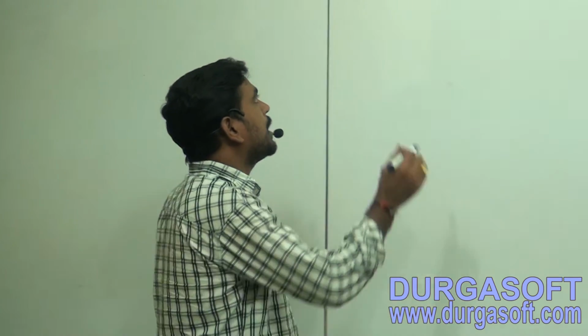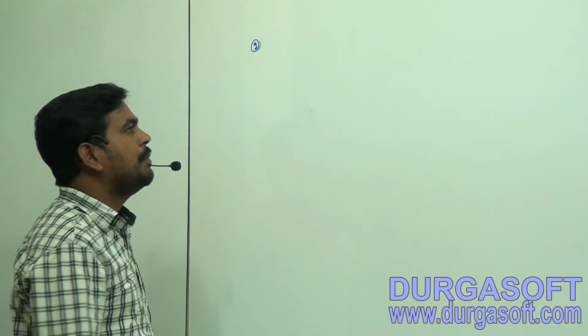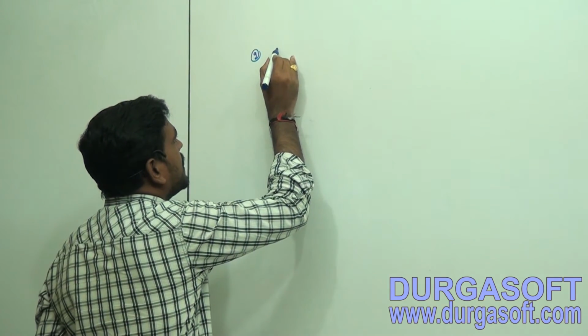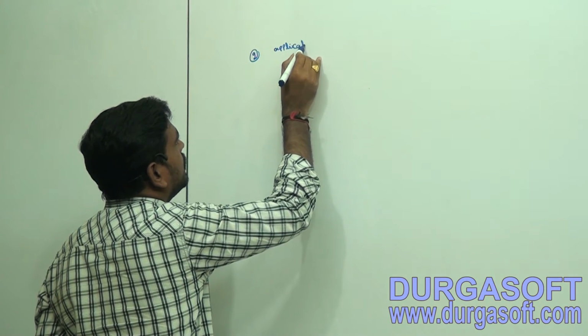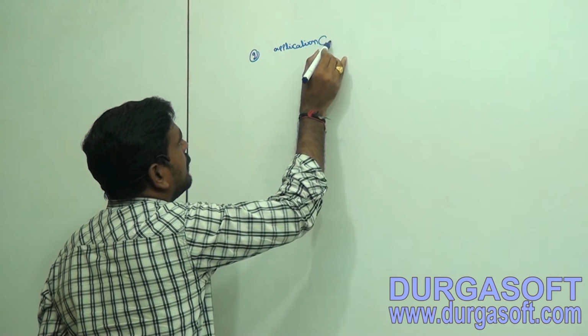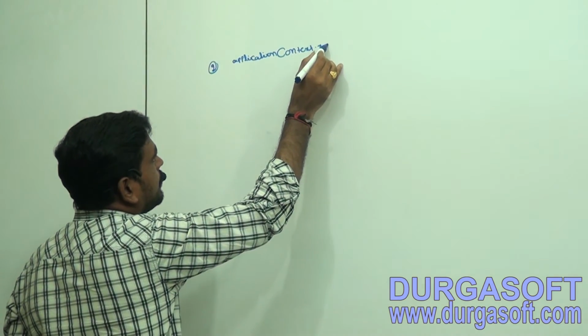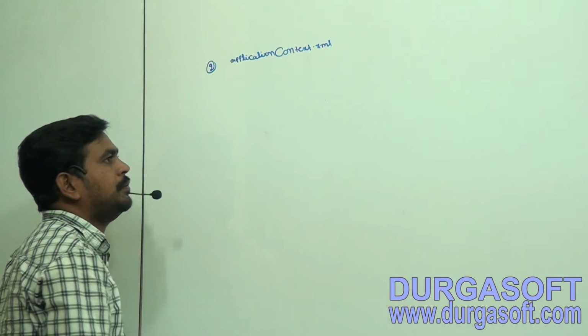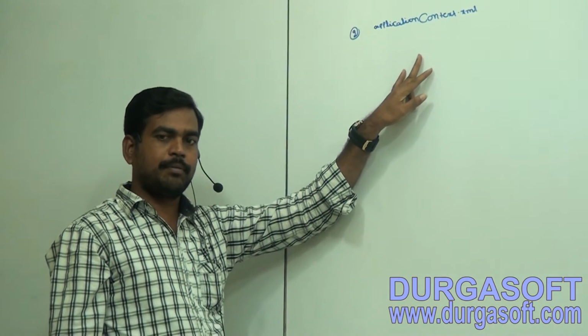Now approach number 2. Maybe our configuration file name is like this, applicationContext.xml. This is the default configuration file name.